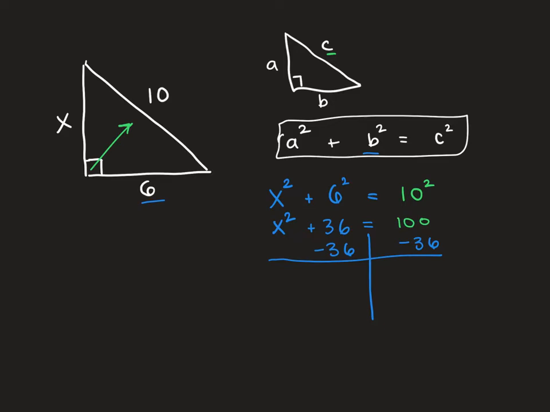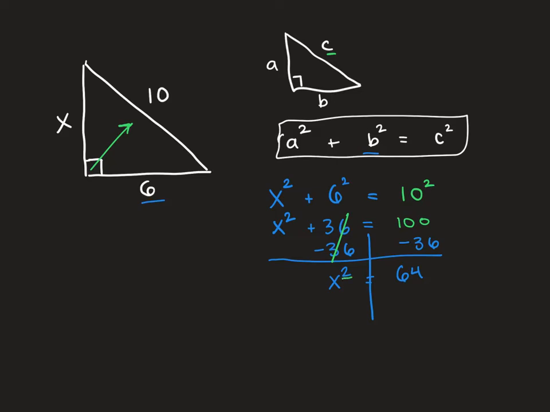And I start to solve for x. So I've got x squared left over on the left, and 100 minus 36 is 64. Now, how am I supposed to figure out what x is when it is squared?